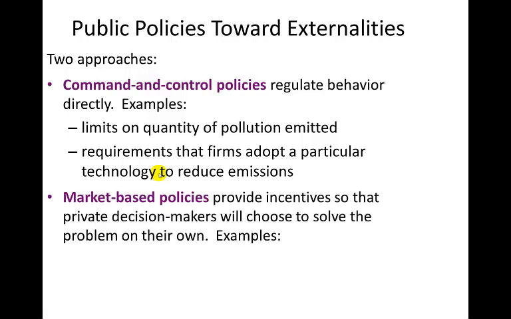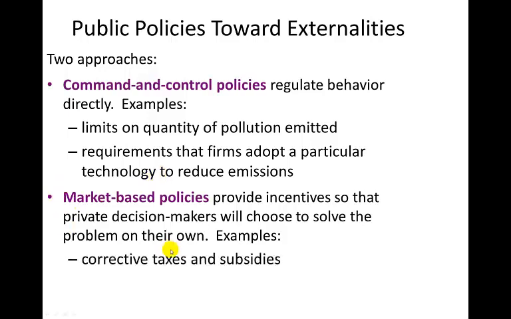Since this is an economics class, unsurprisingly, we're going to advocate that market-based policies tend to work a lot better. What market-based policies are focused on is getting parties to internalize the externality, whether it's positive or negative, and then just letting the market go.